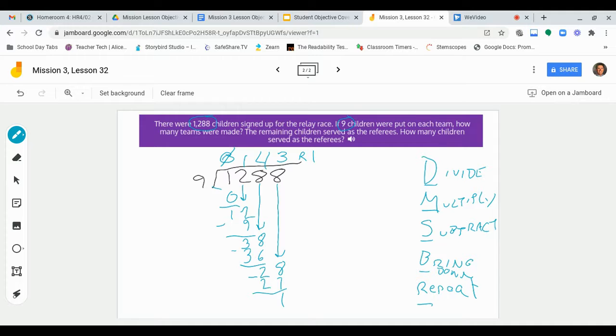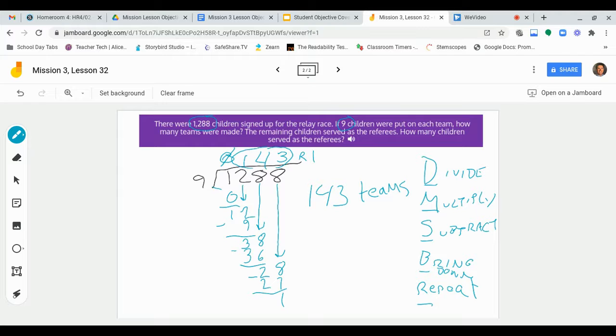Now, let's look at what the question asks. It asks how many teams were made. So how many whole teams of 9 were made? Well, I just look at my quotient. 143 teams. And then it asks how many children served as the referees.